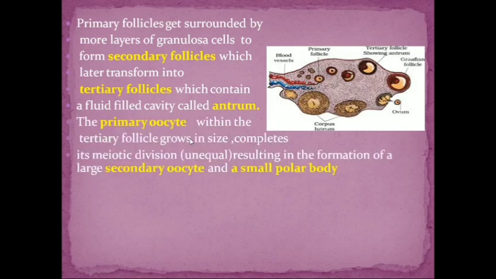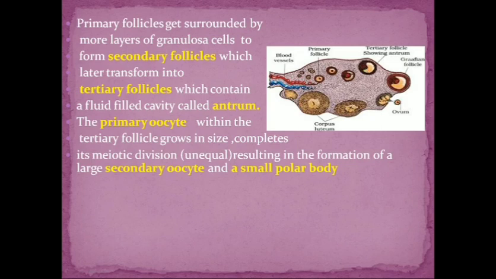Now a mature tertiary follicle grows in size, and the primary oocyte within it completes its meiotic division. The meiotic division started at the primary oocyte stage itself, when the baby is born: there will be a number of primary oocytes, but only prophase 1 will be completed. After that, metaphase 1, anaphase 1 and telophase 1 are completed within the tertiary follicle, and the primary oocyte divides, resulting in the formation of 2 cells.